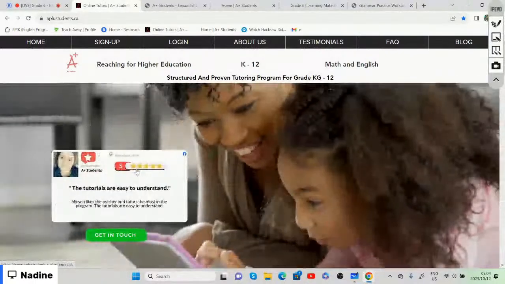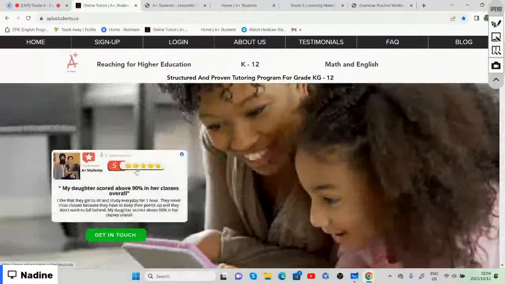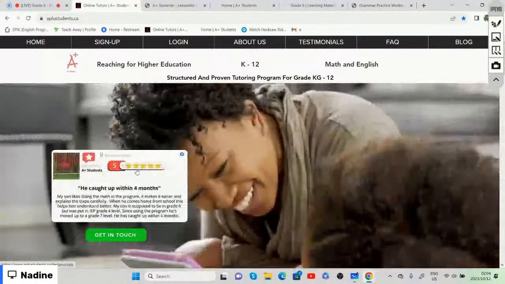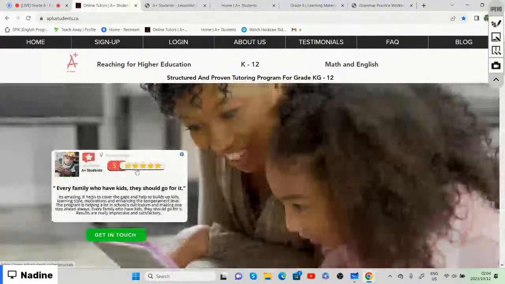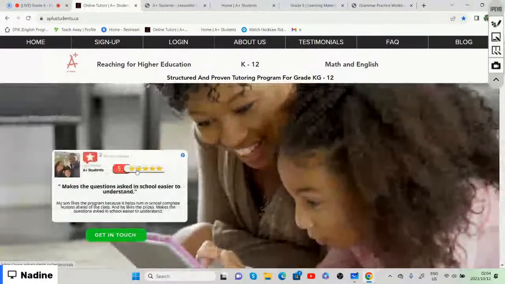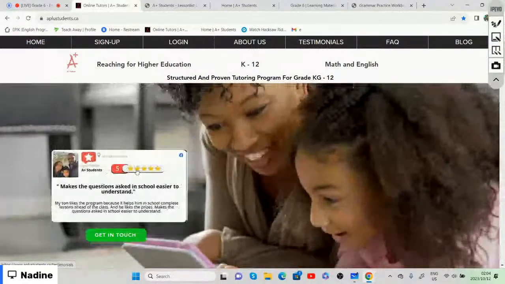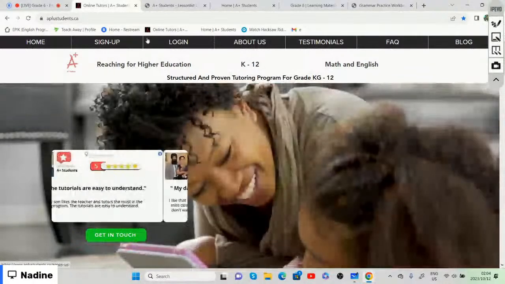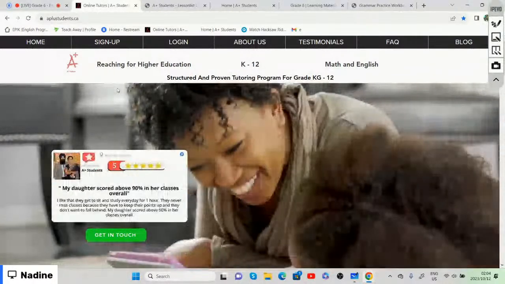Select the subject of language arts. Select grade 6. And then you're going to scroll down all the way until you get to the chapter of possessive pronouns.